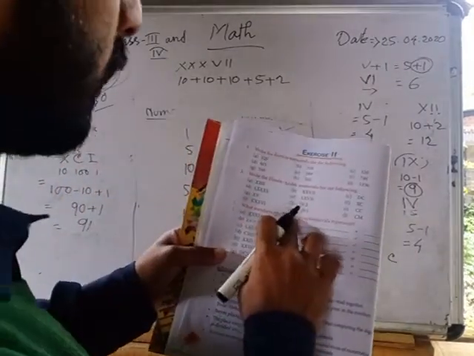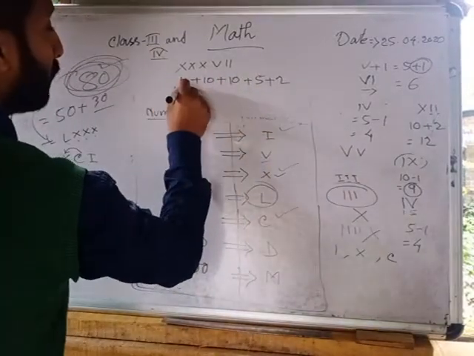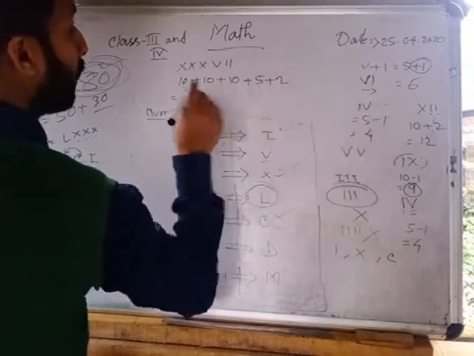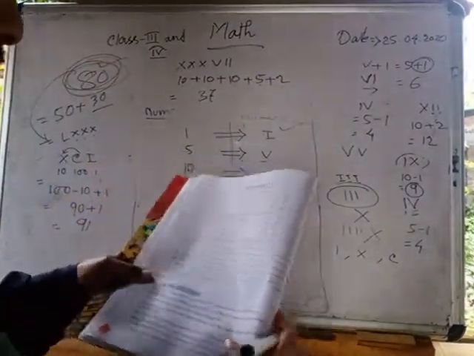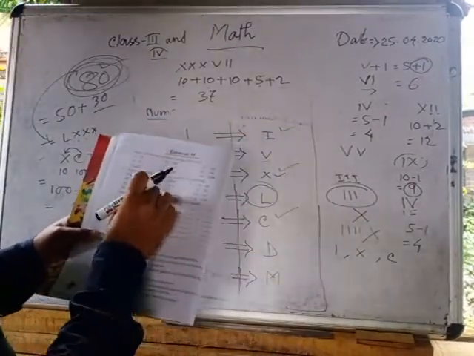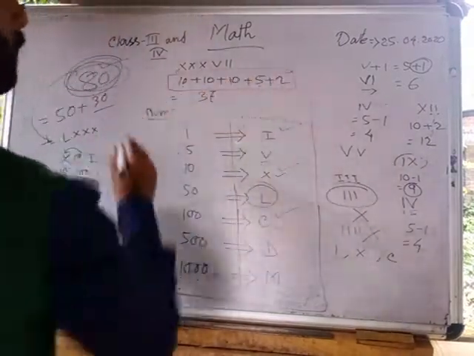What numbers do these Roman numerals represent? 10, 20, 30, 35 and 7, that is 37. You should do it like this and extend the number.